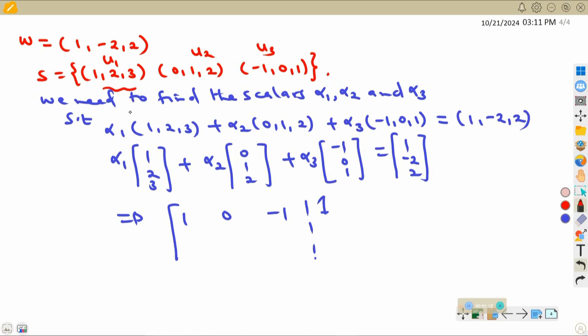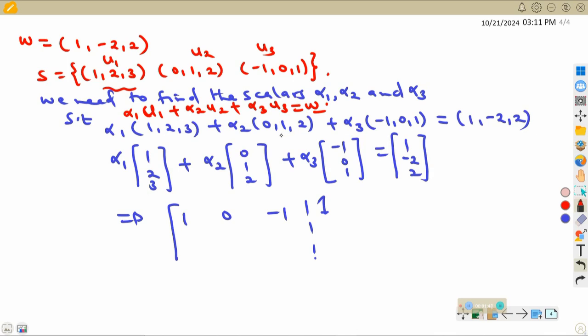We need to show that there exist some scalars alpha 1 multiplied with U1, plus alpha 2 U2, plus alpha 3 U3, and this is equal to W. If we are able to get these scalars alpha 1, alpha 2, and alpha 3 such that this expression holds, then we shall say W can be written as a linear combination of U1, U2, and U3.